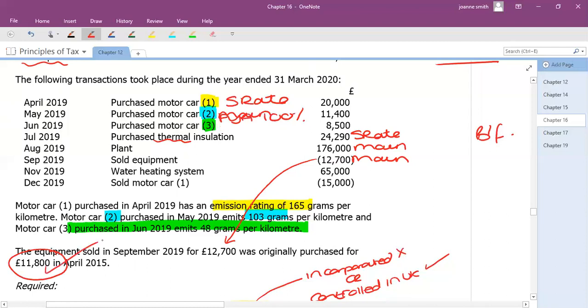So we always remember we take the lower of cost and proceeds when we do that disposal. We've got a water heating system. So that's another special rate item. And then we've got this first car up here being sold. So we're going to put it in the pool and then we're going to take it out. All right. As far as the annual investment allowance, we're going to give it to anything other than the cars.